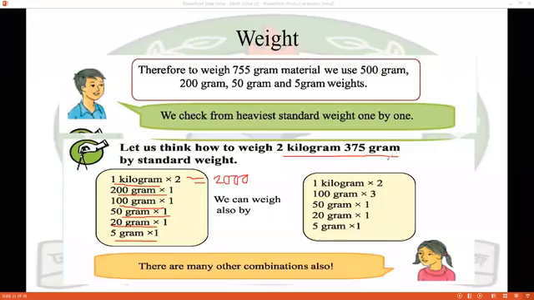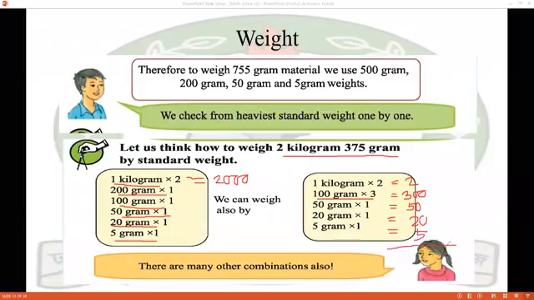Another way: 1 kilogram two times equals 2 kilo, and we use 100 grams 3 times, which is 300 gram. Then one 50 gram standard, one 20 gram standard, and one 5 gram standard.